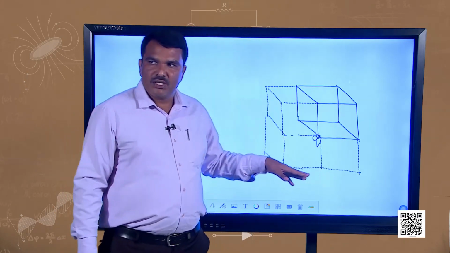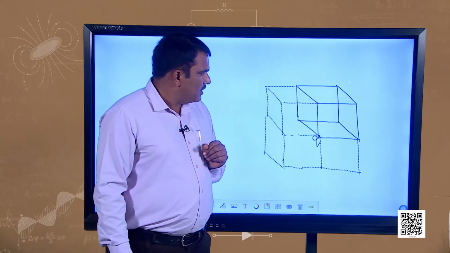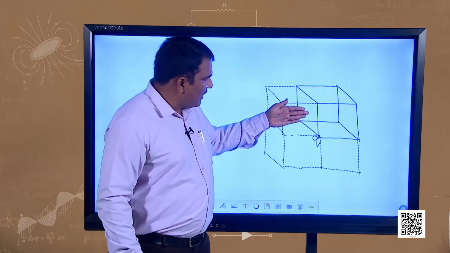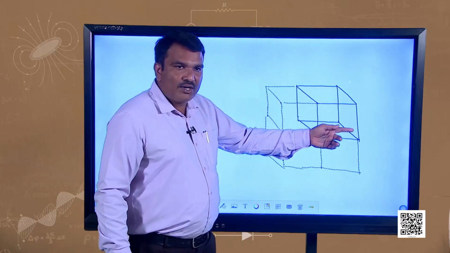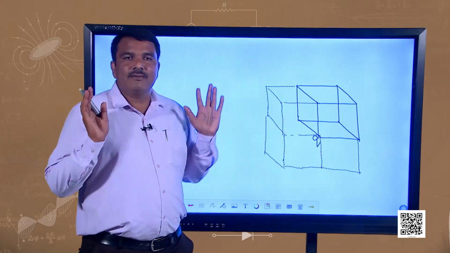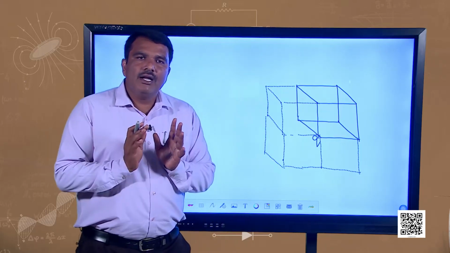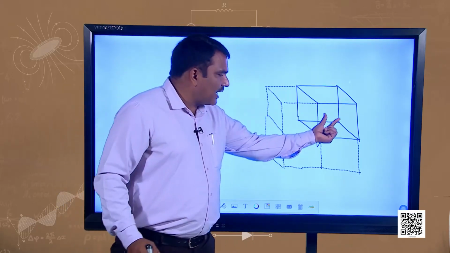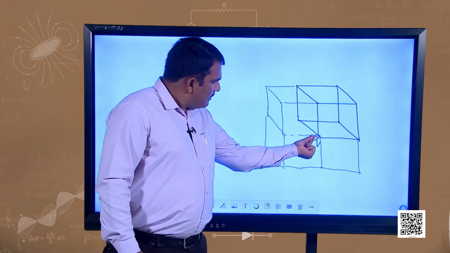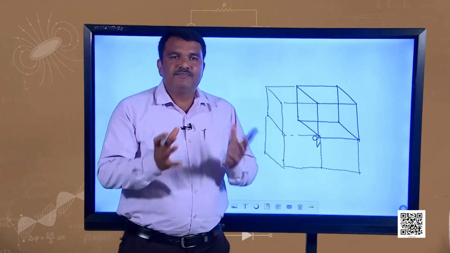So, we have placed 3 cubes, 1, 2 and 3. Now, we can place 4 more cubes, 1 in front of each of these. So, by placing 7 more cubes of this type, we can place this charge at the center of a big cube.